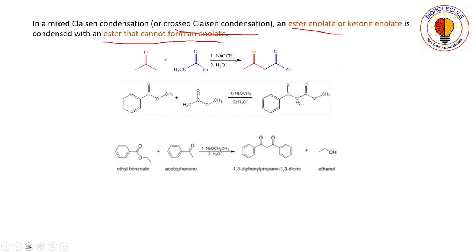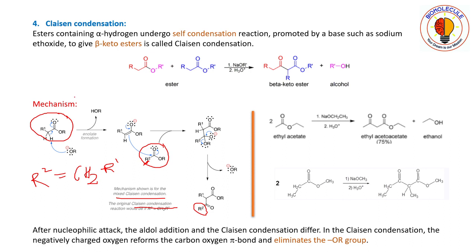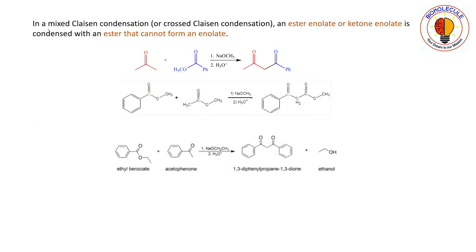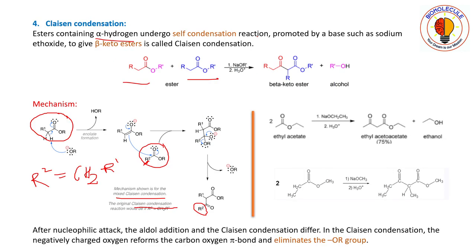That means in Claisen condensation both the esters have alpha hydrogen, but in mixed Claisen condensation only one ester will have alpha hydrogen, so enolate formation is possible, and the other ester will be devoid of alpha hydrogen, so it cannot form an enolate. That is the difference between normal Claisen and mixed Claisen. So nothing to worry.